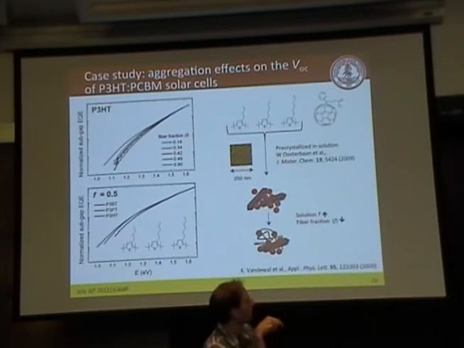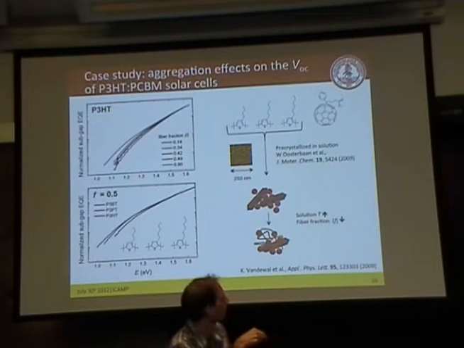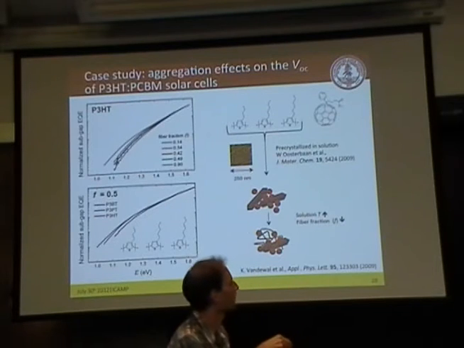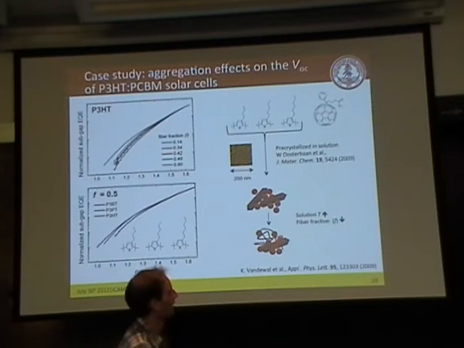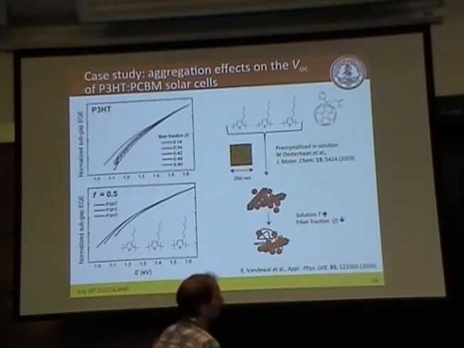So here's the fiber fraction determined by optical methods from the solution. If you have a very low fiber fraction, this is the blue one here. If you have a high fiber content, it really sticks out. So the energy of the CT state changes. We did this for these three materials, and if you want to compare these three materials, you have to compare them at the same fiber fraction, because that varies more than the difference between the three materials. So at a fiber fraction of half, which we approximately have for all of them, you see that there's also a slight difference between those three materials.